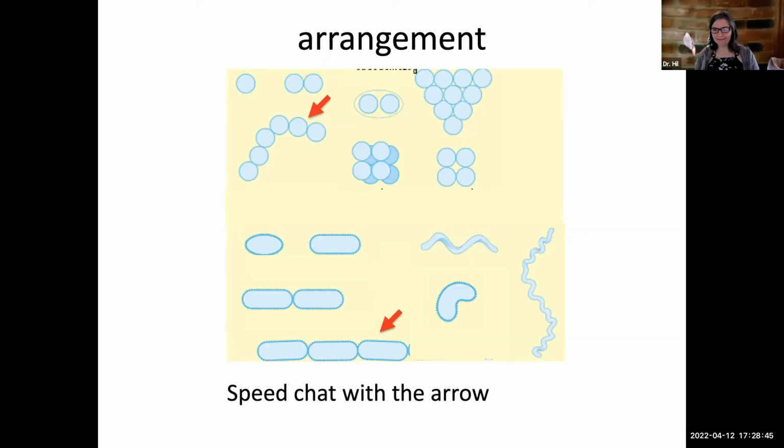How about these guys? Yeah, these are chained. You could also call them strepto. And what's this one? Yeah, clustered, also called staphylo. What about this one?